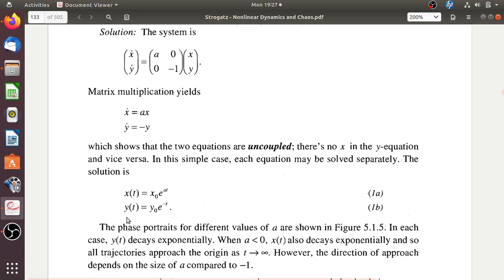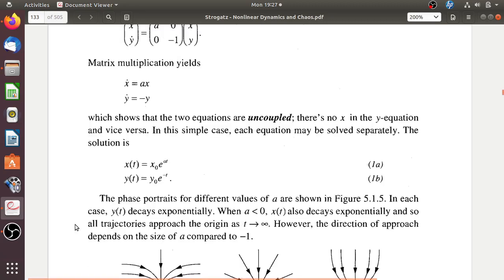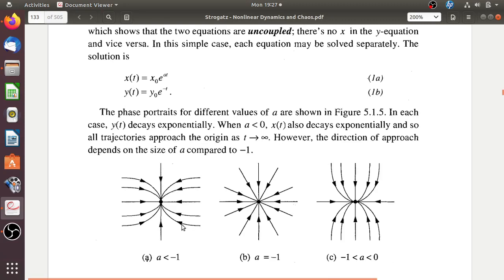For that case, the phase portrait will look like this. Say this is my x0 and y0, the initial position.